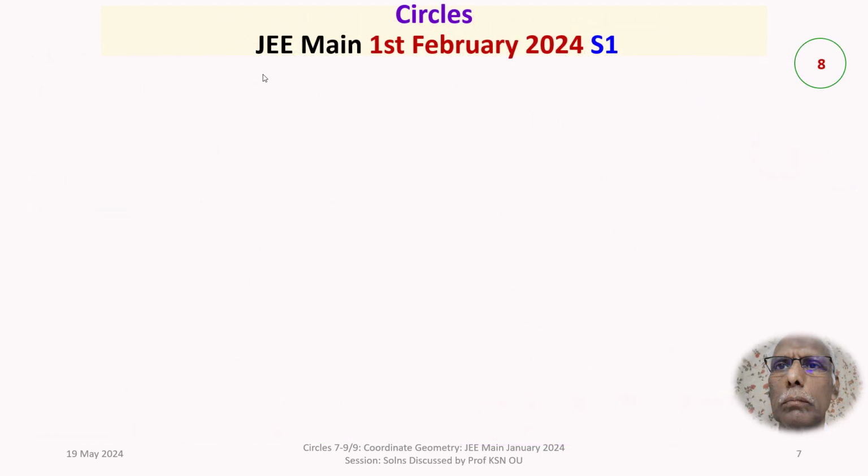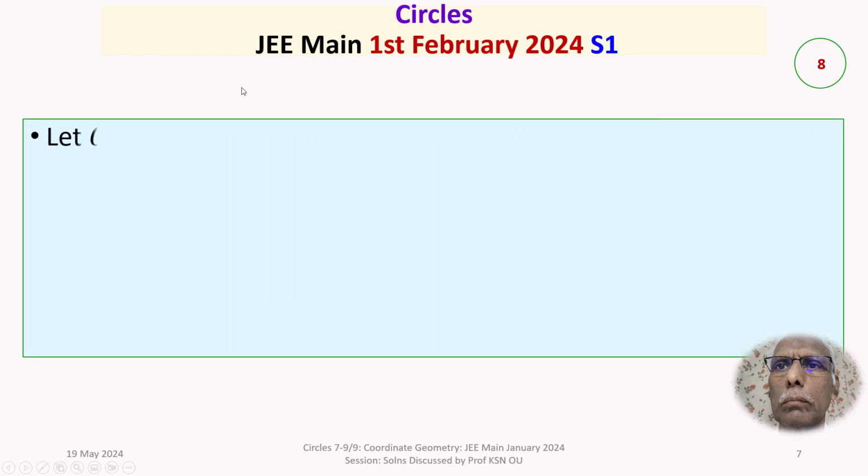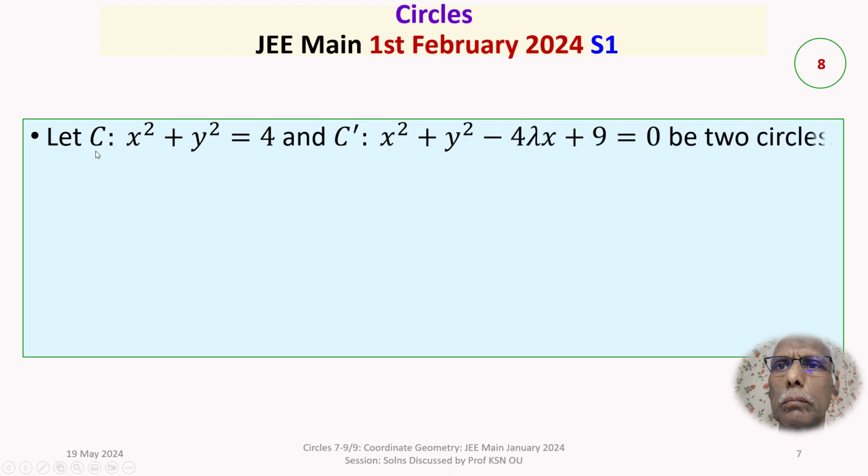This question has appeared in the JEE Main exam held on 1st February 2024 in the first shift. The given question is: let C be given by x square plus y square is equal to 4. C is a circle. And C prime is given by x square plus y square minus 4 lambda x plus 9 is equal to 0. This is also a circle. So there are two circles.